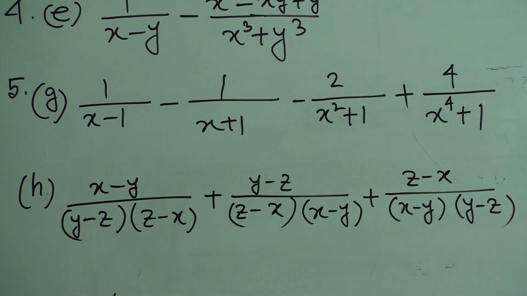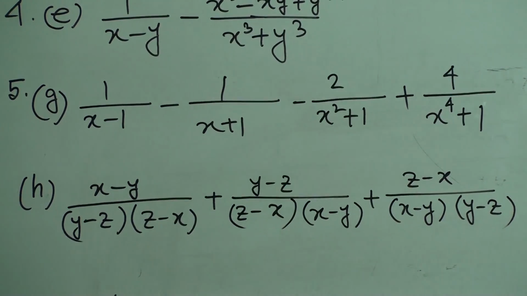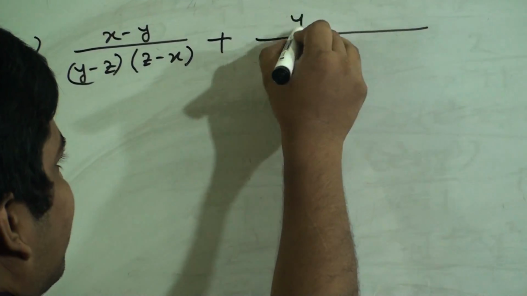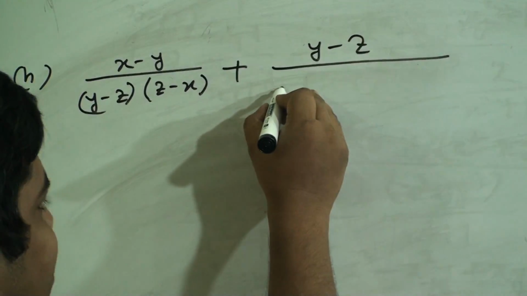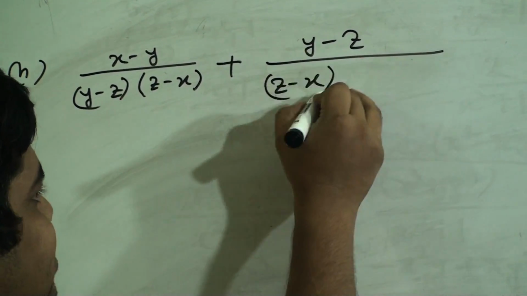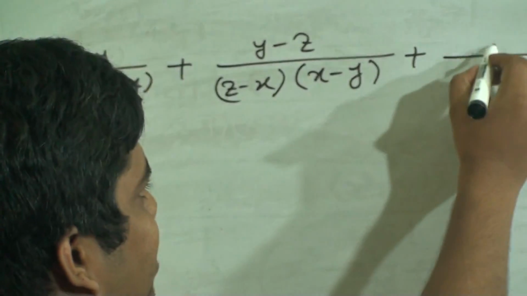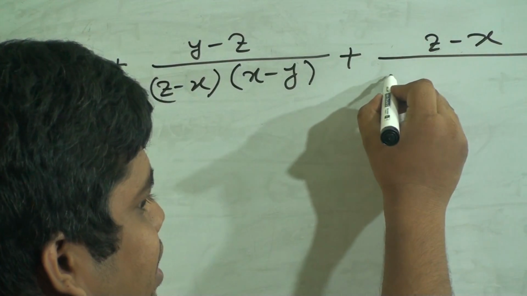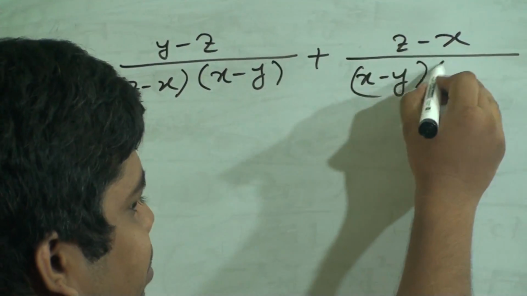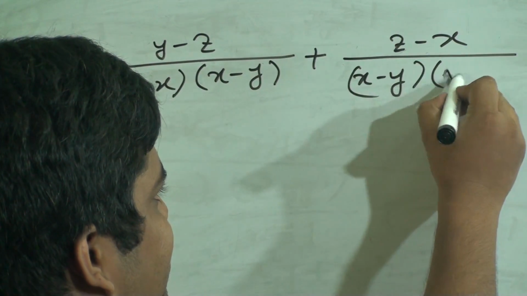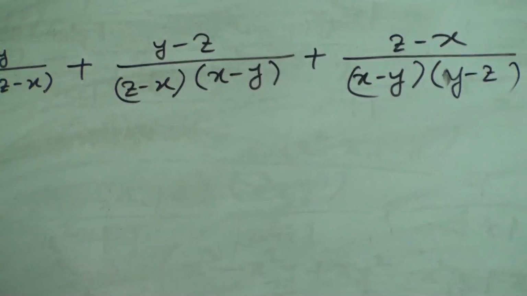The question is: x minus y by y minus z into z minus x plus y minus z by z minus x into x minus y plus z minus x by x minus y into y minus z.